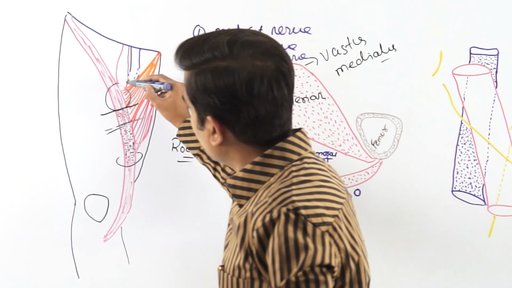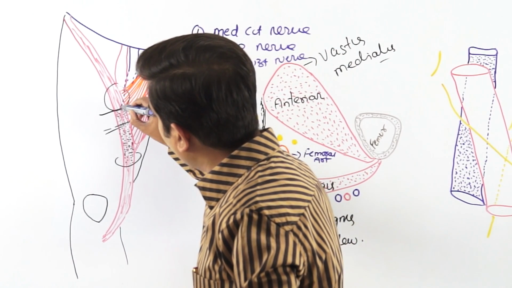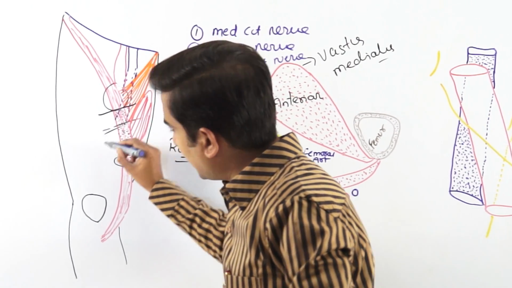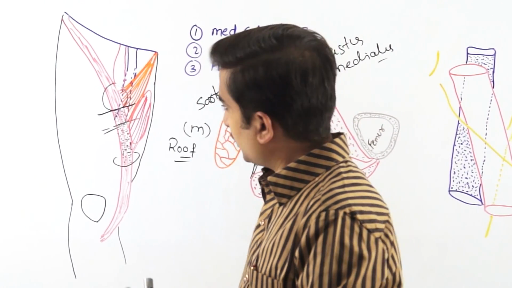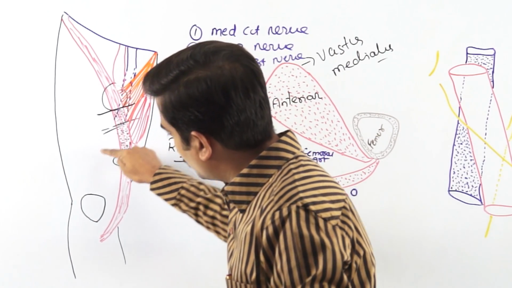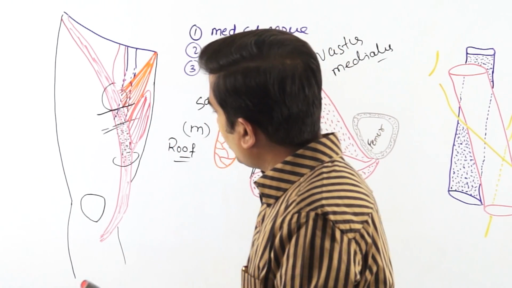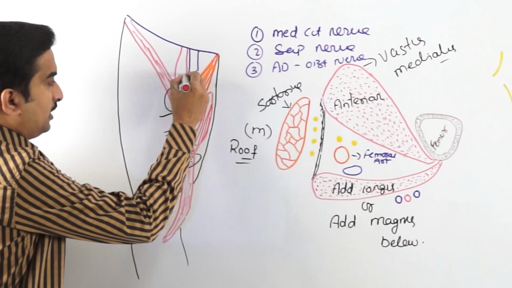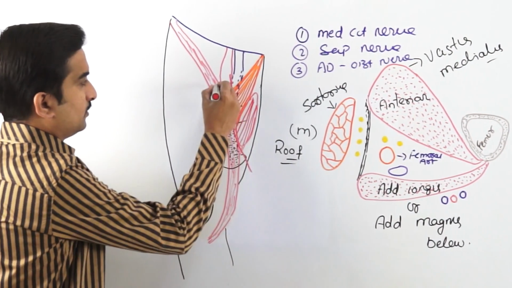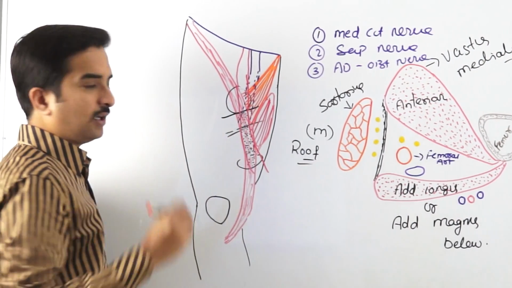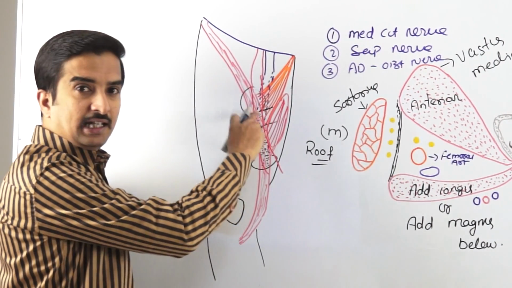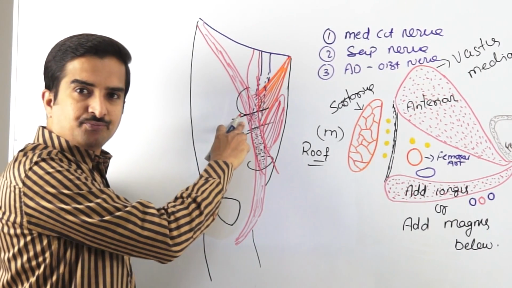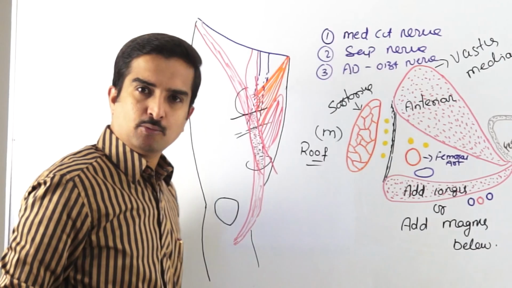So that is the reason, if you see in the upper part of the canal, the vein is reaching towards the lateral side, and the artery is coming towards the medial side. Here I will draw. The artery is coming towards the medial side. Here you can see. Okay. So by this we can say that in the upper part of the canal, the femoral vein is exactly behind the femoral artery.